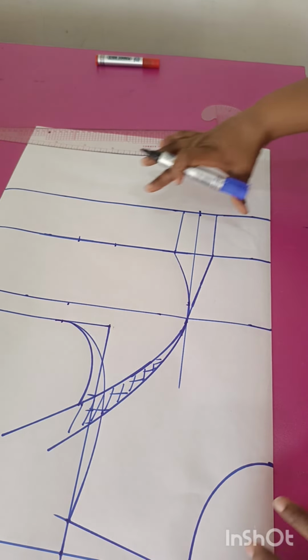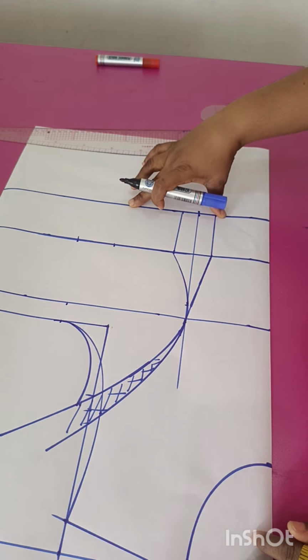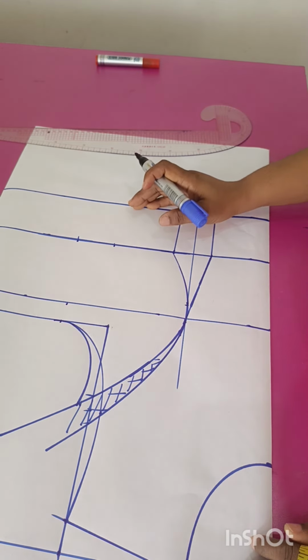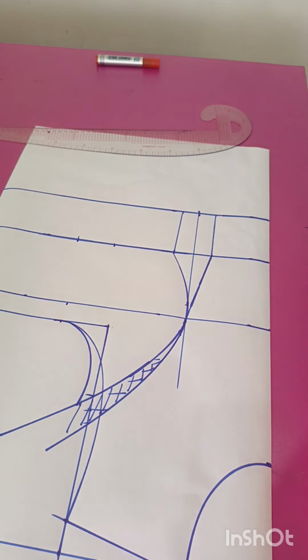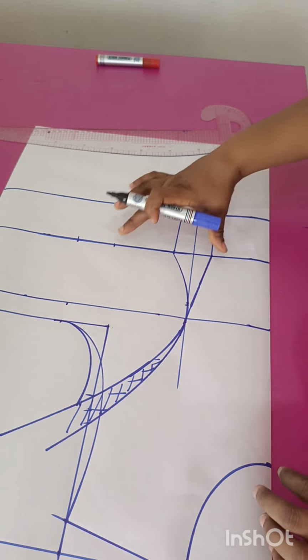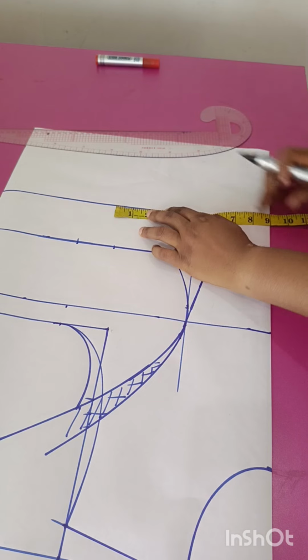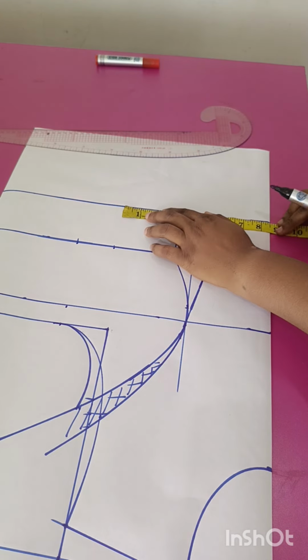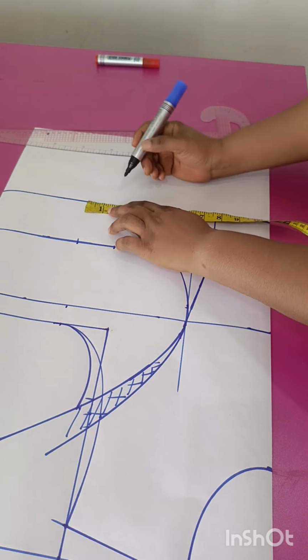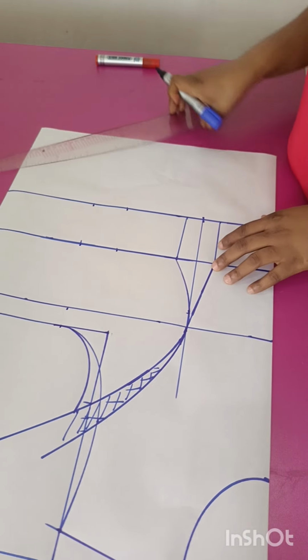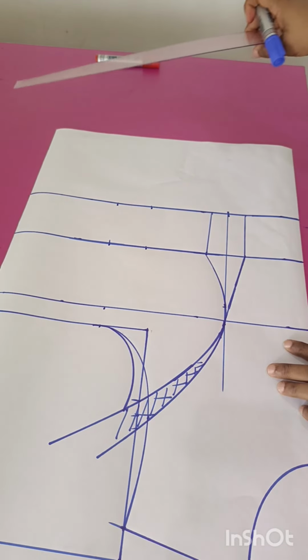So ideally, this is supposed to be the waistline, but the distance between the under bust and this waistline is not much. So to prevent all that sagging at the waist, just extend the same measurement to this waistline. So this is 8.5 plus 2 inches. And then you mark it up.